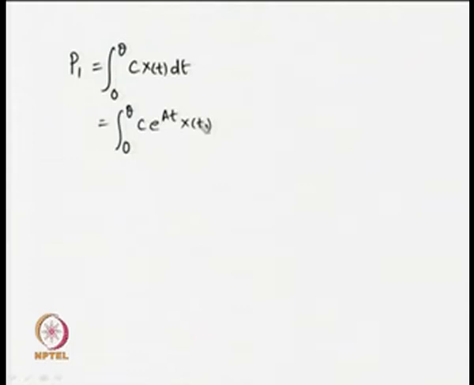Then P1 is given by the integral from 0 to theta of c x(t) dt, which is again written as the integral from 0 to theta of c times e to the power at x(t0), and in this case t0 equals 0. Therefore, directly I can write this as x(0) plus A inverse e to the power at minus I b h1 times dt.